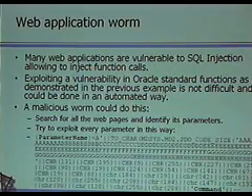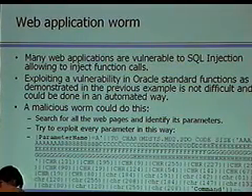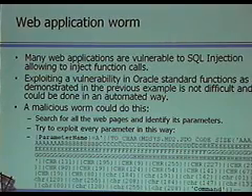Because there are many web applications that are vulnerable to SQL injection attacks, and exploiting vulnerabilities in Oracle standard functions, the worm can propagate. For example, the worm can search for a web page and try to exploit all the parameters.